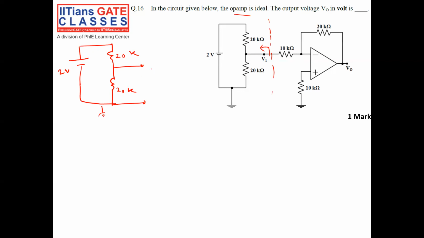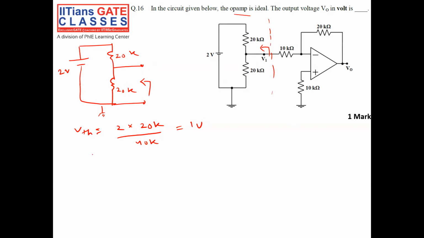So what is VTH? VTH is 2 times 20k divided by 40k, so equal to 1 volt. What is my RTH? RTH is the resistance looking into the 20k.